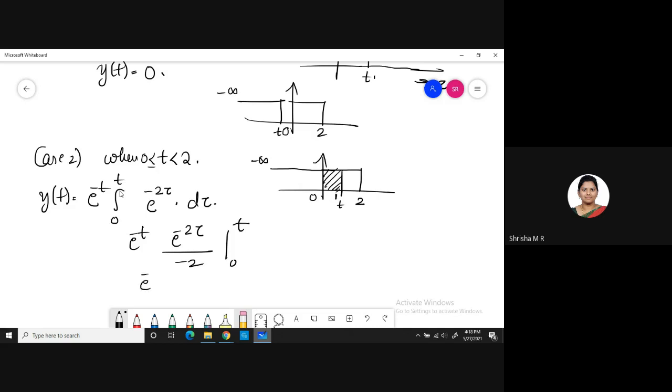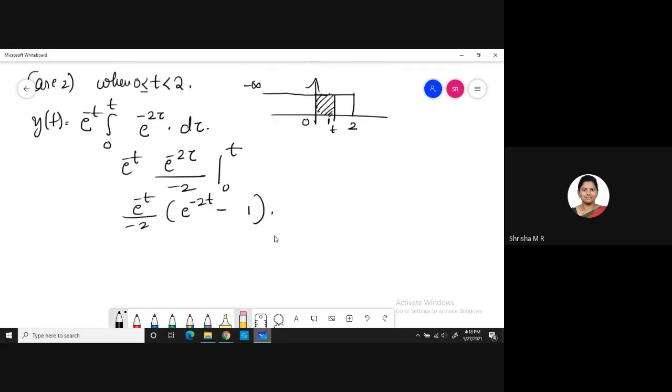You take e power minus t by minus 2, e power minus 2t minus 1. Yes or no? Yes, ma'am. Or you can simplify that one step further. You will have 1 by 2 into e power minus t minus e power minus 3t. This is your y of t.